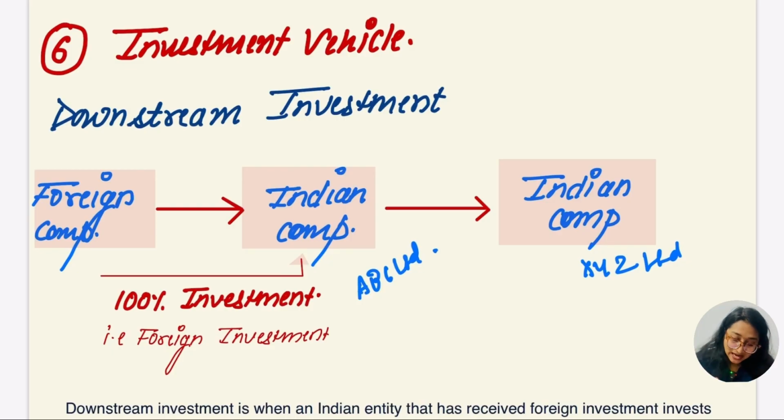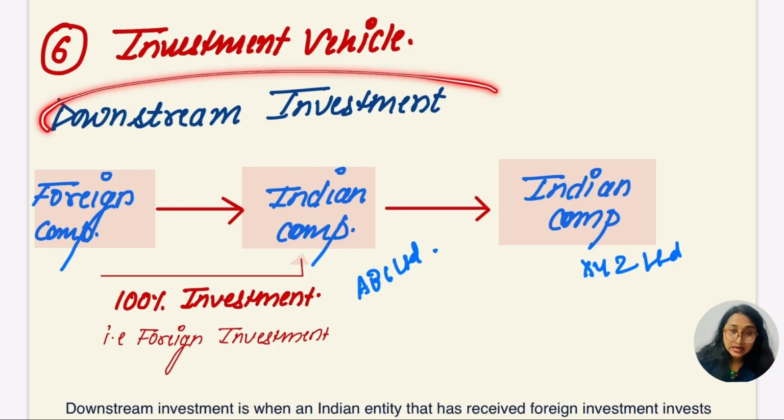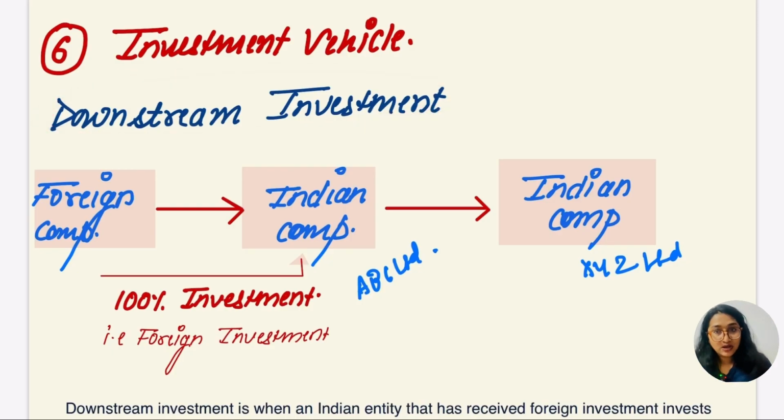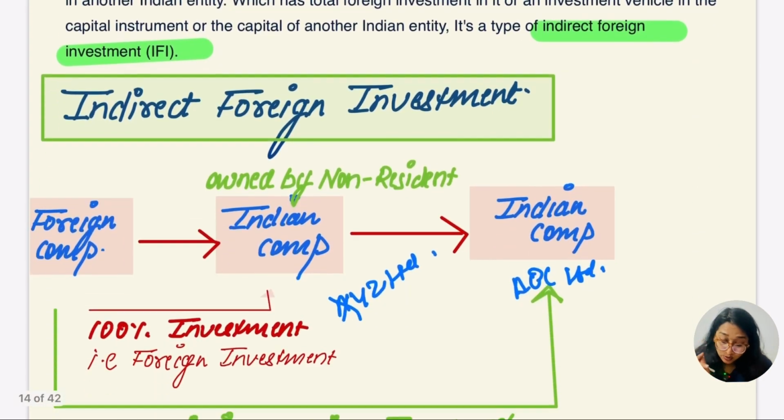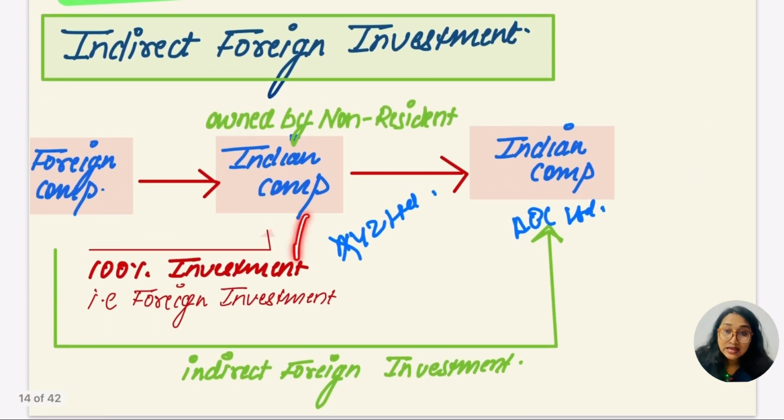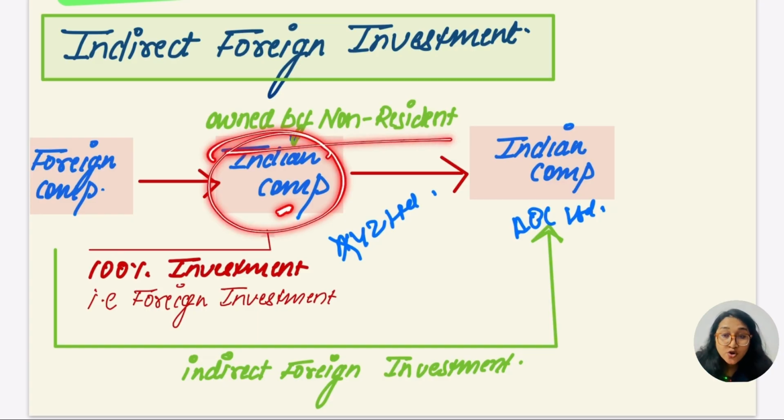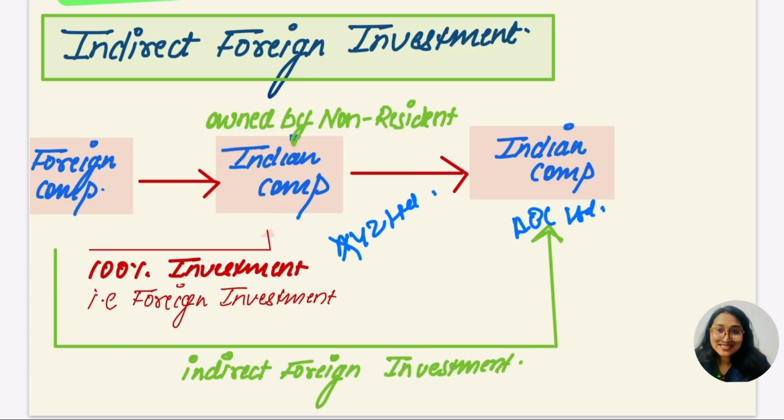In both cases, there are three parties involved: a foreign company, an Indian company, and another Indian company. The difference is only one: in the second case, I'm talking about indirect foreign investment. Where the foreign company has made 100% investment in the Indian company, this Indian company is owned by a non-resident, not a resident of India.